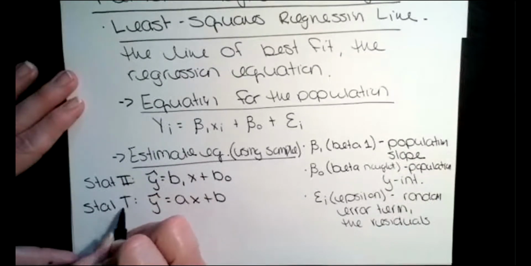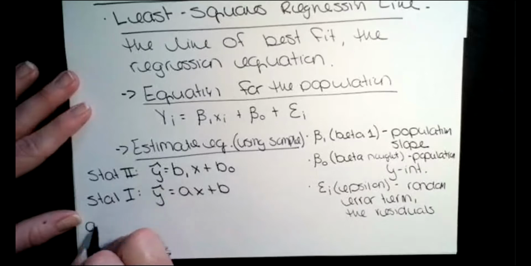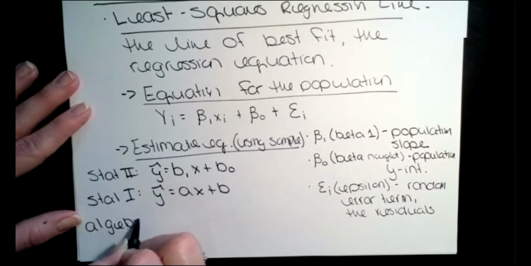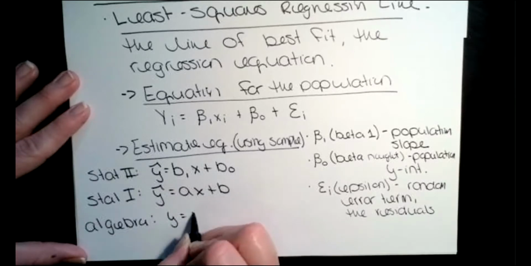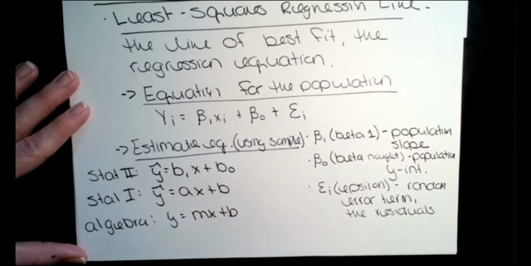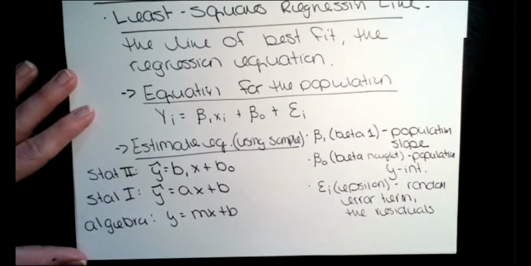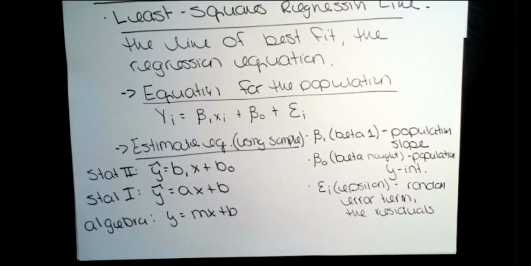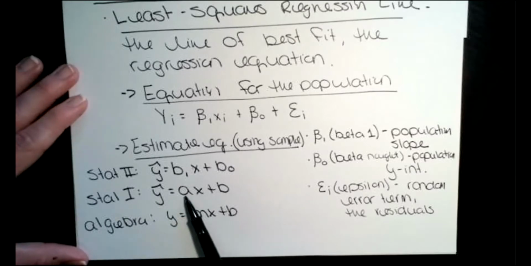And in algebra, we used y equals mx plus b. All I want you guys to know, it does not matter how you view your equation of your line. The number in front of x is always your slope, right? So it doesn't matter if we use an a in front of x. It's the slope of my line.